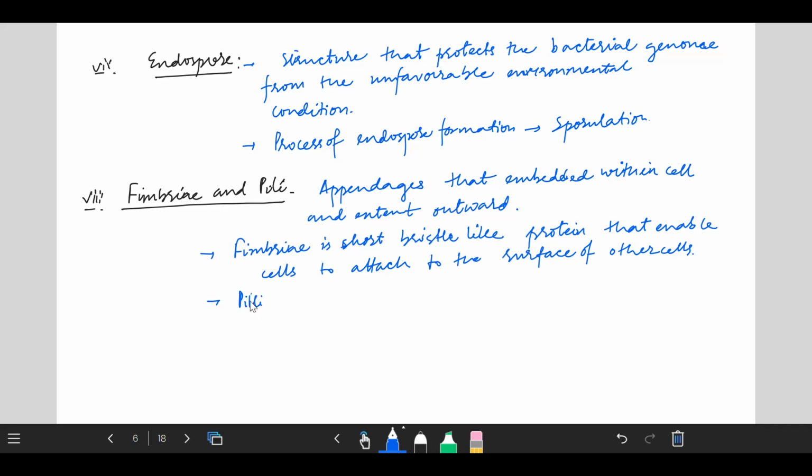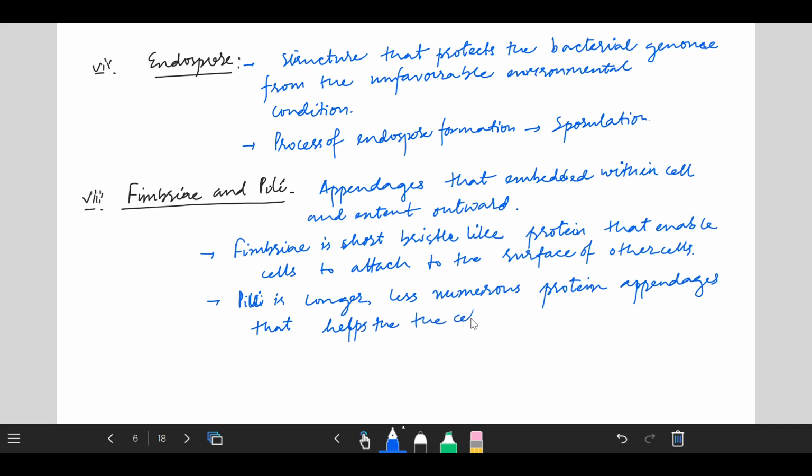Pili is spelled P-I-L-I. And the protein that is present is known as pilin protein. Clear?